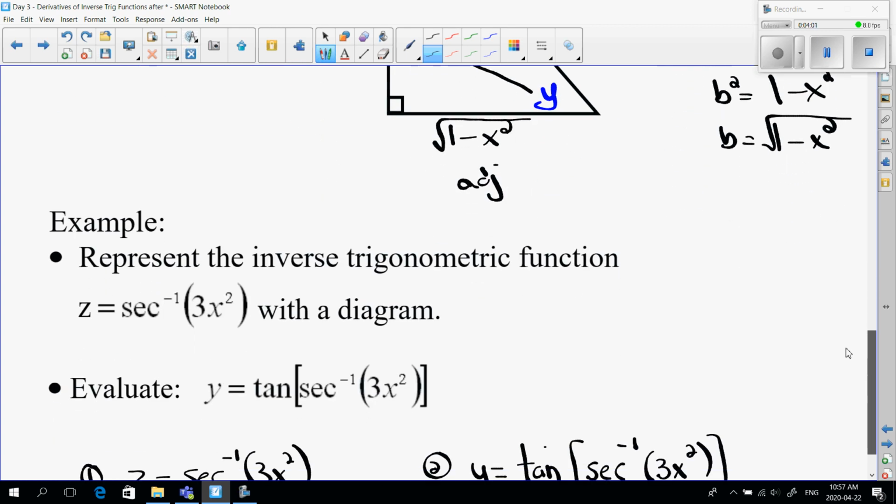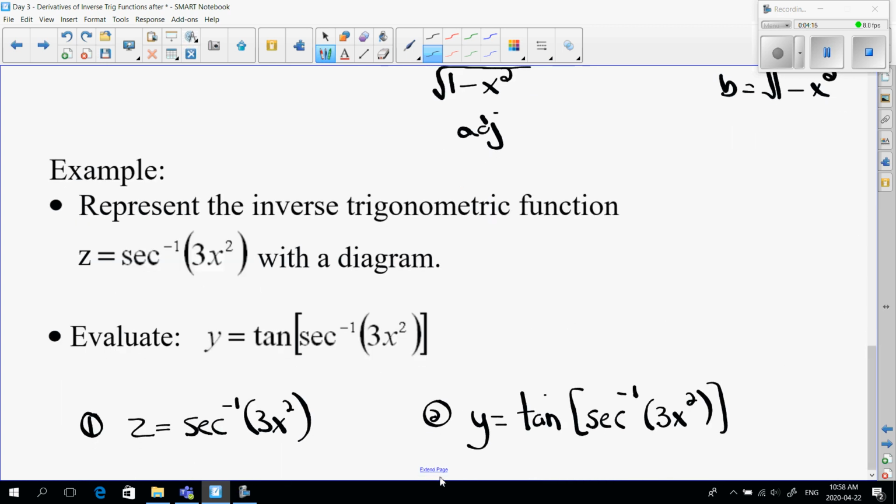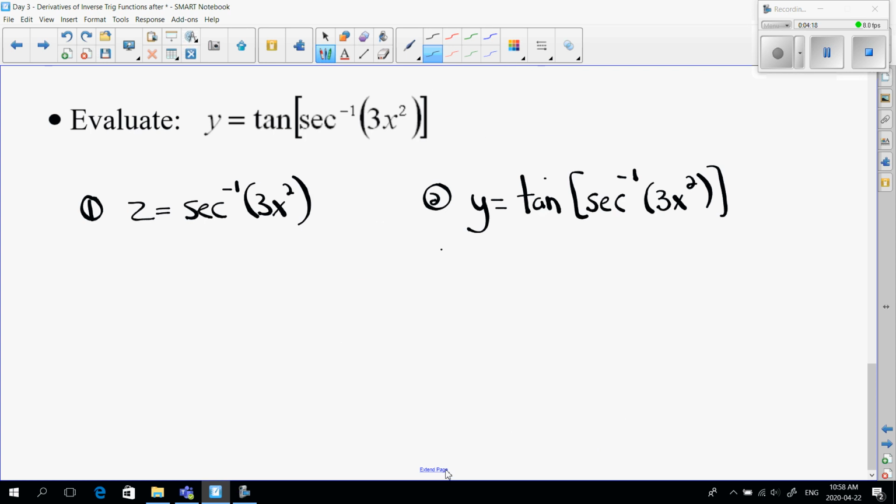Another example of a question involving an inverse trig function. It says represent the inverse trig function z equals inverse secant 3x squared with a diagram. Let's start by doing that. It'll start out exactly the same as that last question.